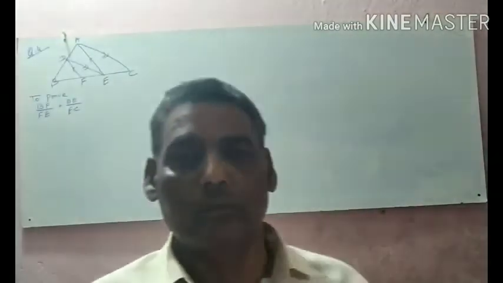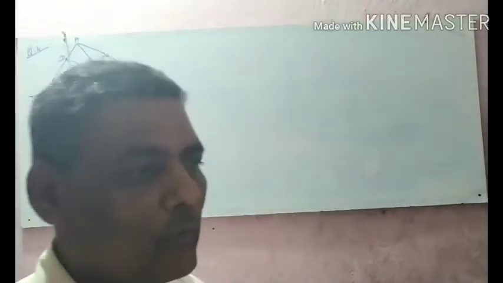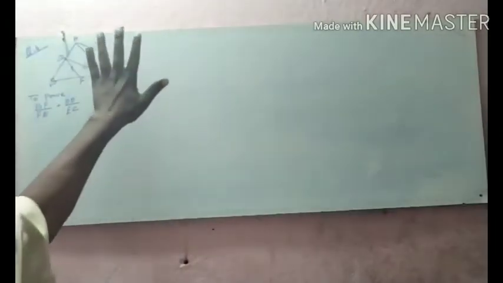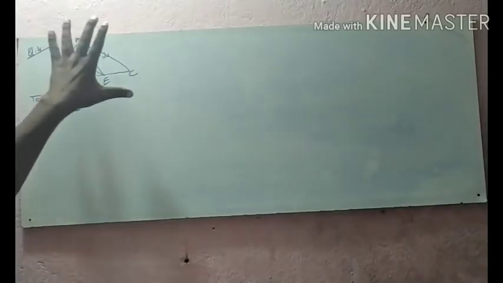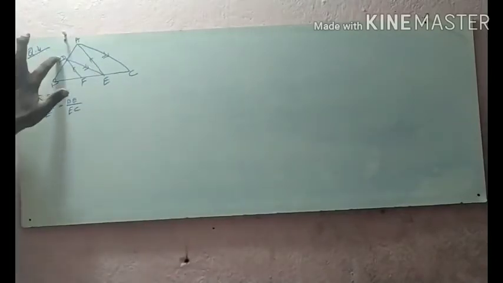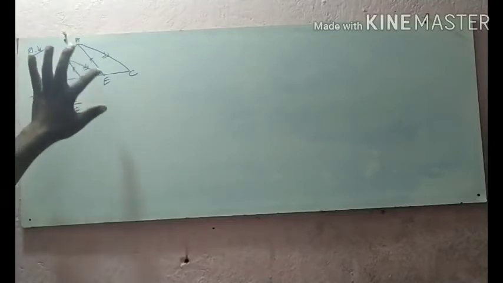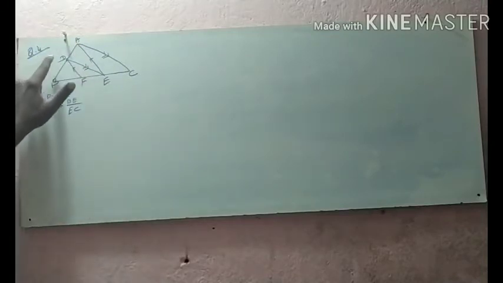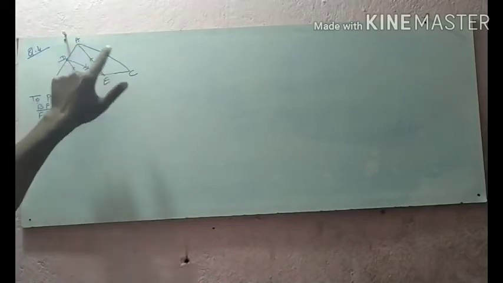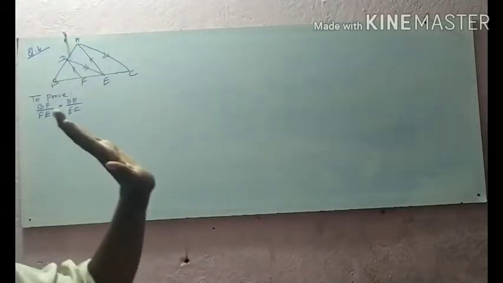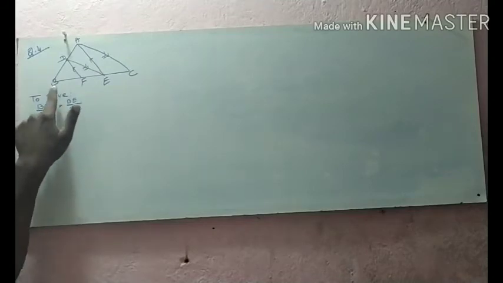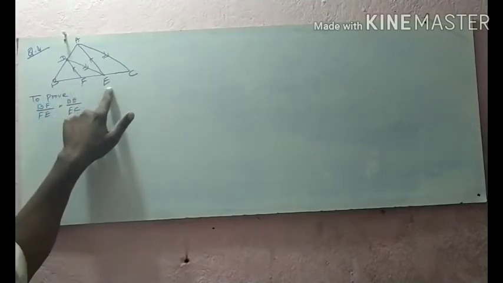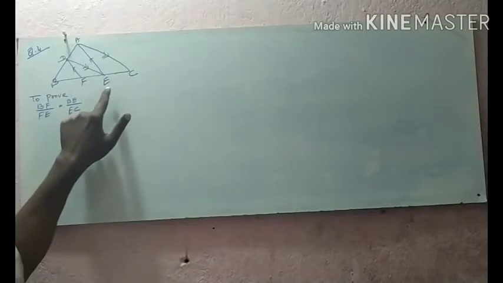Now we are going to solve question number 4. In this problem, according to the figure, DF is parallel to AE and DE is parallel to AC. Then we have to show that BF by FE is equal to BE by EC.